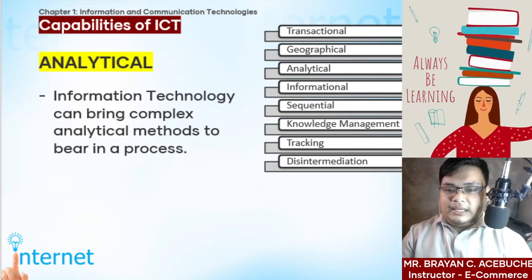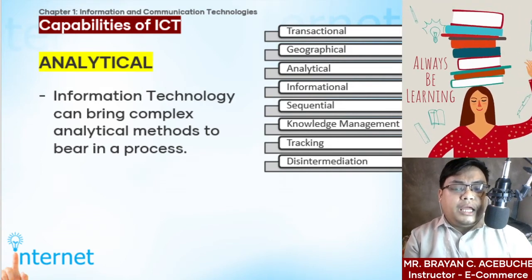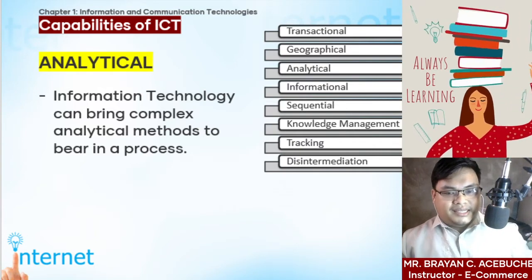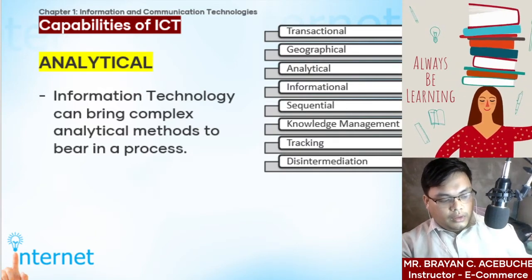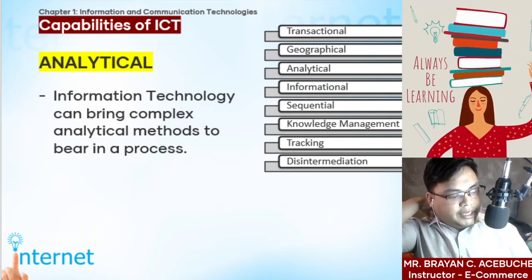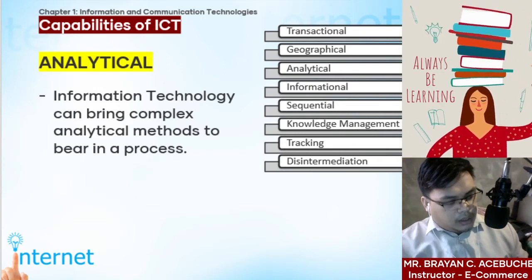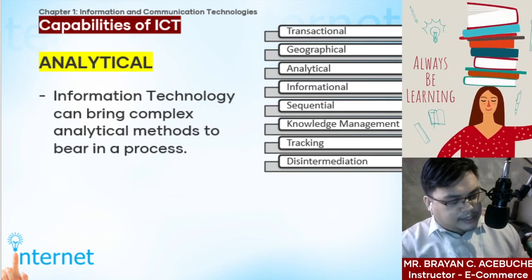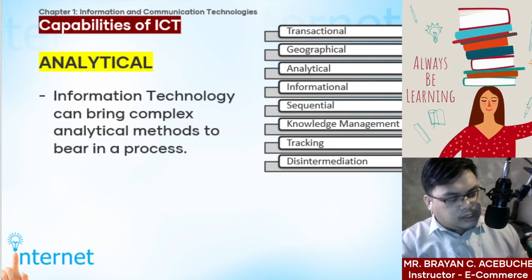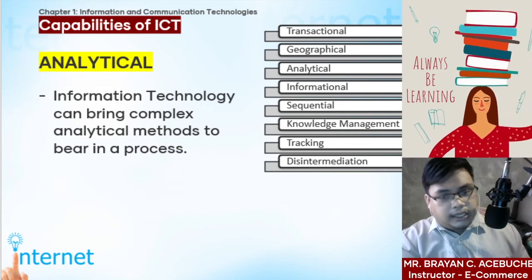In terms of analytical naman, IT or information technology can bring complex analytical methods to bear in process. So what do you mean by that? For example, American Express designed an expert system for credit authorization that capitalizes on the knowledge and experience of expert credit authorities and applies expert analytical support for the budgetary analytical process.